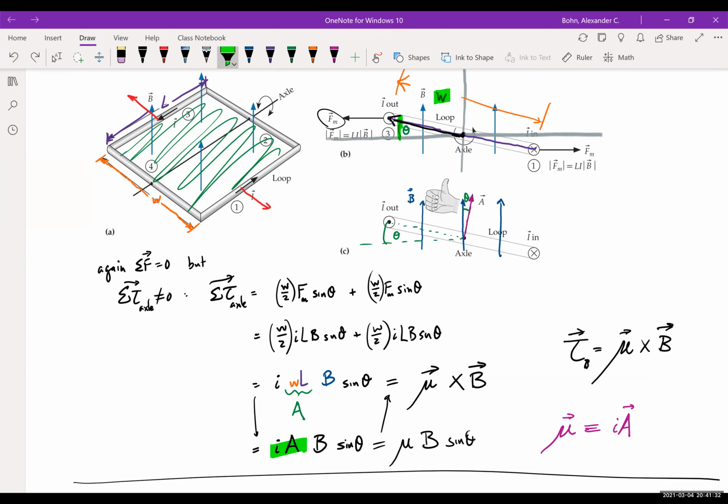We choose the direction of the area so that if we follow the current around the loop with our fingers, if we curl our fingers around the loop, in this case counterclockwise, our thumb points out of the page back at our face.